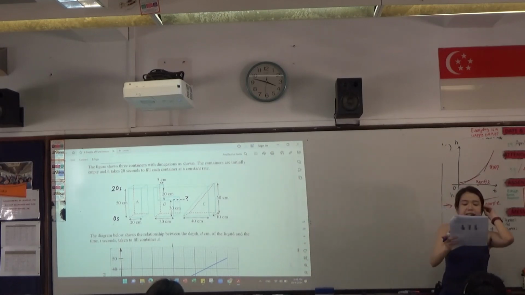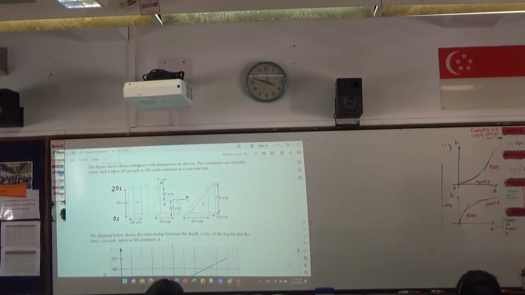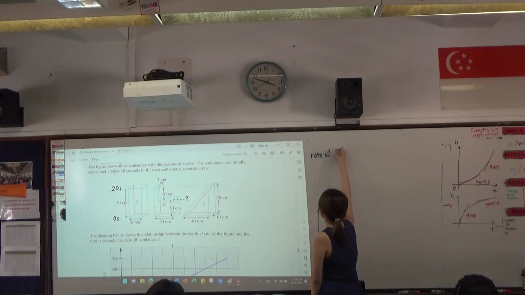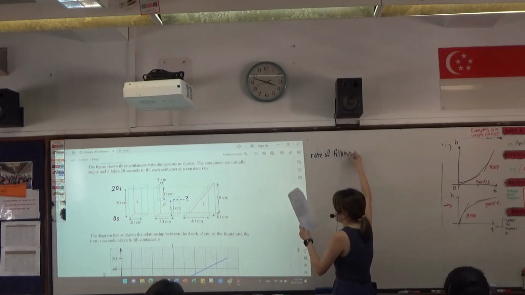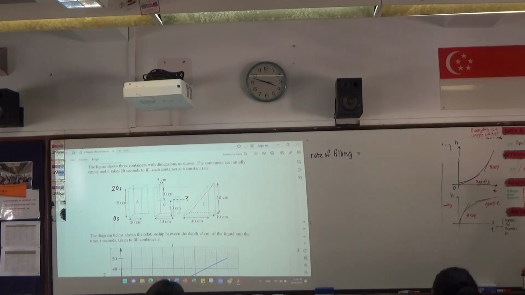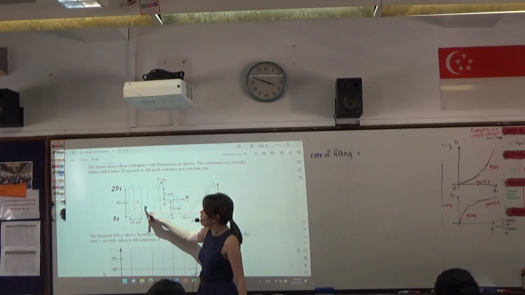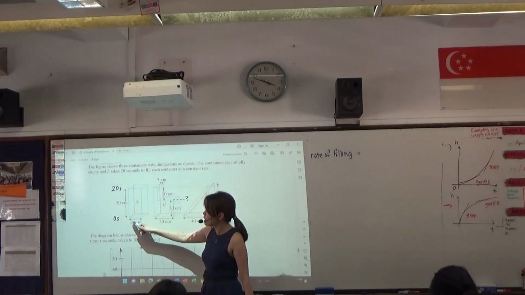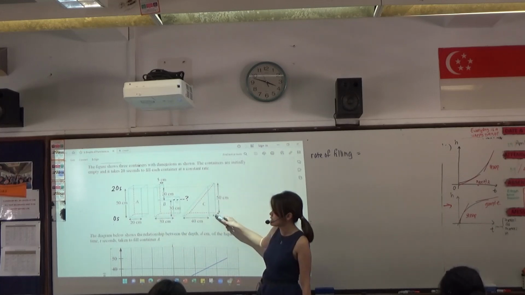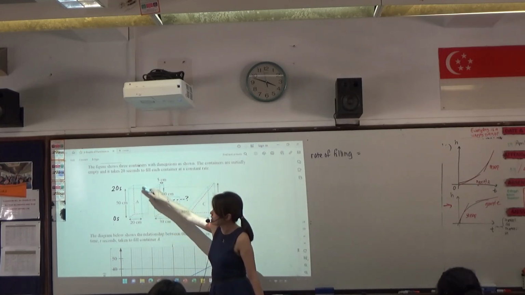Okay, so given that it takes 20 seconds to fill the container at a constant rate, we need to first find out what is the rate of filling. Okay, the rate at which the water flows in. So that can be calculated by the fact that we know the volume of container A. Okay, it is 20 cm wide at the base, and then the depth is actually 10 cm, and the height is 50.